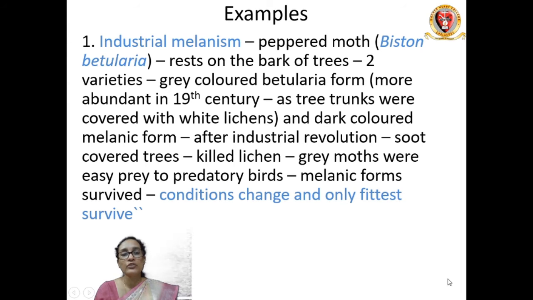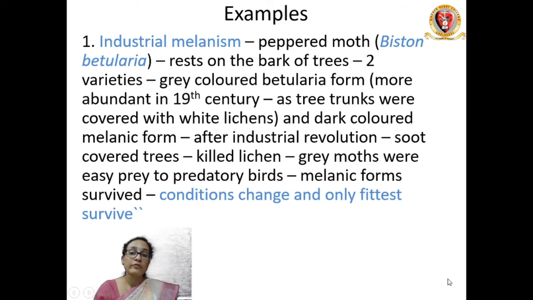When it rests on the barks of trees, the grey-colored betularia form, which was more abundant in the 19th century, when it rests on tree trunks which were then covered with white lichens, you could not see this grey-colored betularia.